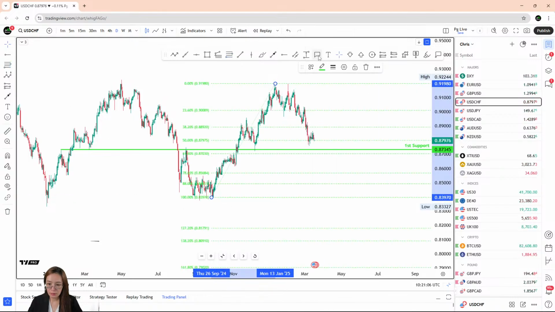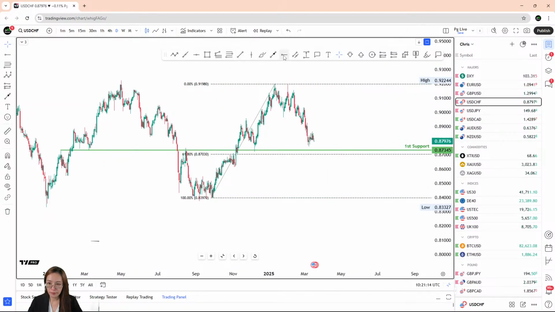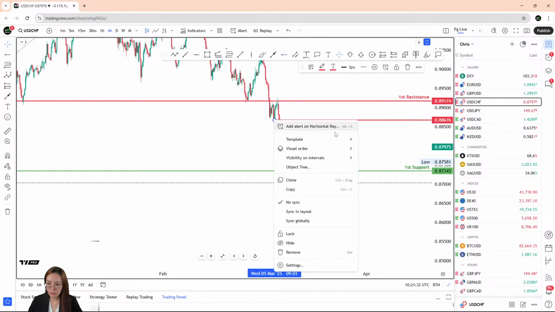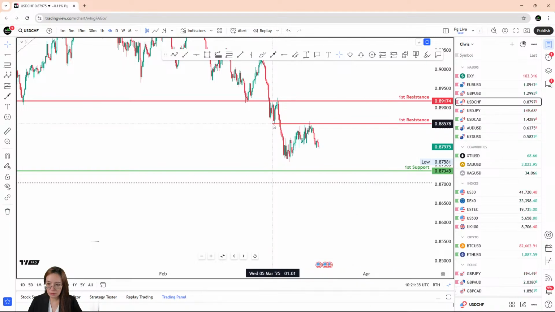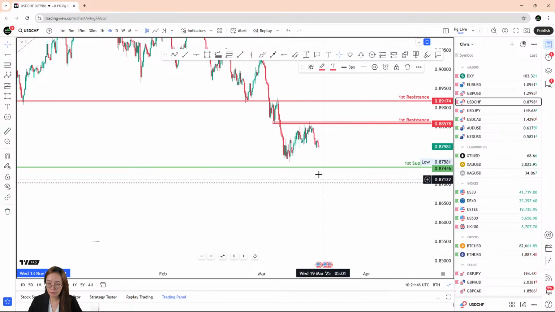How many percent? 61.8%. Here is the key resistance. If you think that's very confusing, that's okay. There are so many strategies that you can learn. This is the first resistance right here for the H4 time frame. This is the second resistance for the H4 time frame.